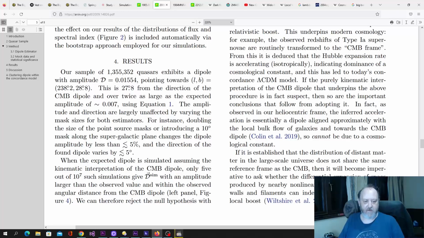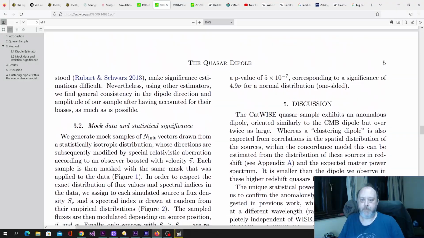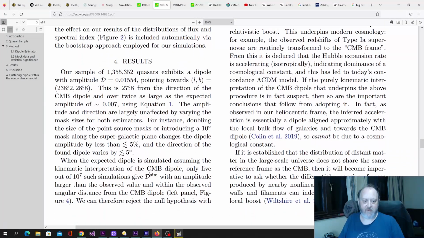We can therefore reject the null hypothesis, with a p-value of 5 times 10 to the power minus 7, corresponding to a significance of 4.9 sigma for a one-sided normal distribution. So effectively saying that the probability of this being a coincidence is about 1 in 10 to the power of 7.